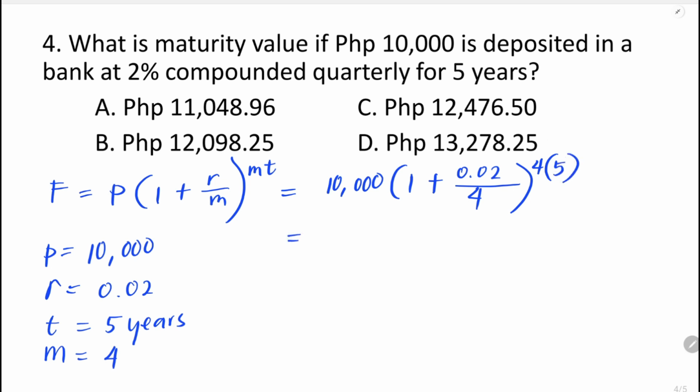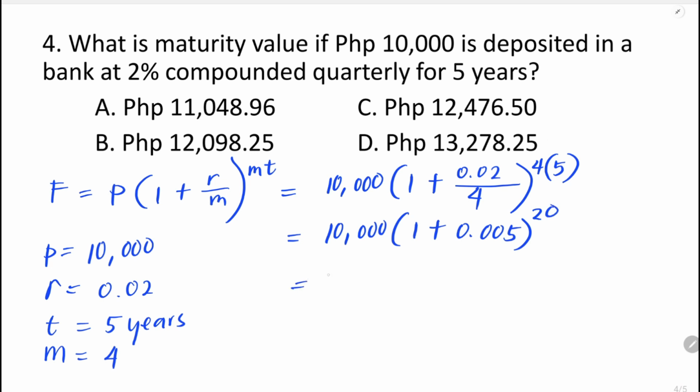So, this is equivalent to 10,000 times the quantity of 1 plus 0.02 over 4 is equivalent to 0.005. And 4 times 5, this is equal to 20.